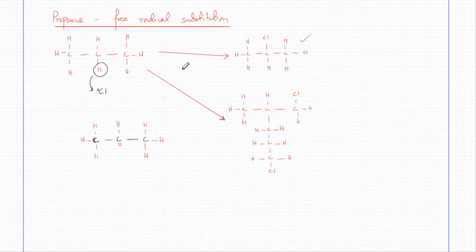And it's also equally possible that the Cl radical comes along and it steals some other hydrogen atom, like the one over here. So the Cl radical comes in, it wants electrons, it takes the H atom and its electrons and bonds with it. So what you could also get is, I'll just copy paste this molecule. So what you'll also get is this molecule, which I'm going to draw over here.